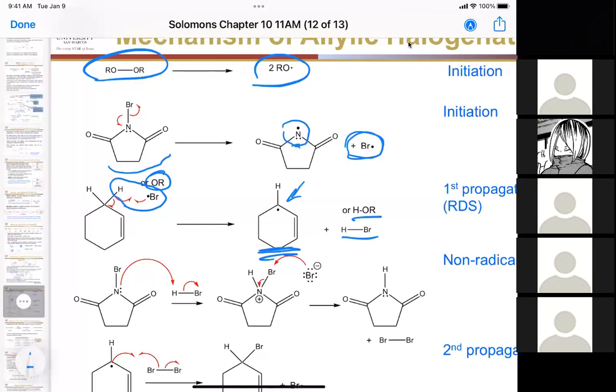Now, some unreacted N-bromosuccinimide can act as a base, and when it does, it will generate a new hydrogen-nitrogen bond and a charge. Then the bromide from HBr, if there's any around, acts as a base, reaches out, and grabs that bromine. So we end up regenerating our succinimide.